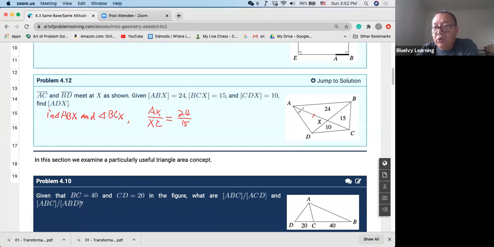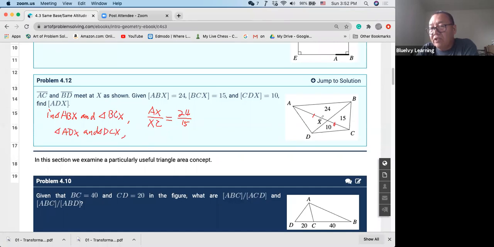Then you can compare triangle ADX and triangle DCX. These two triangles, ADX and DCX, if we still use AX as the base of ADX and XC as the base of DCX, then they also have the same altitude.